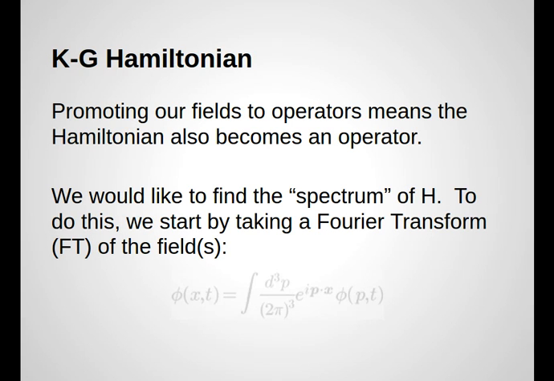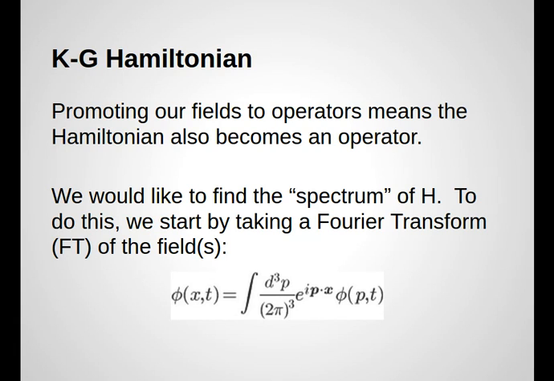Okay, all right, so we take a Fourier transform. For example, the field in position space we write as a Fourier transform of the field in momentum space. And what does that allow us to do? Well, one of the terms in the Hamiltonian was the del squared term, and now we're able to evaluate it because all the position dependence is in the exponential.